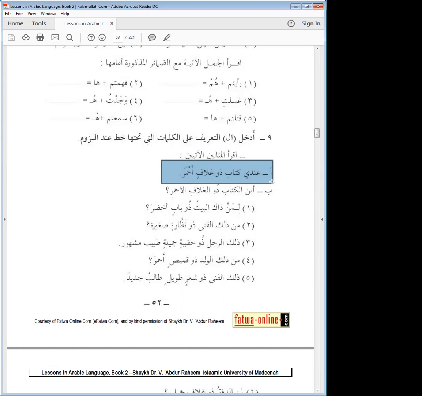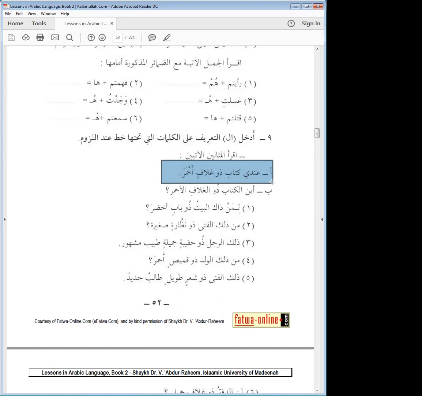So notice the word that comes after zu is in the state of jar, right? It's majrur, and also ahmara is also majrur. You might say, well, how is it majrur and it has a fatha on the last letter?